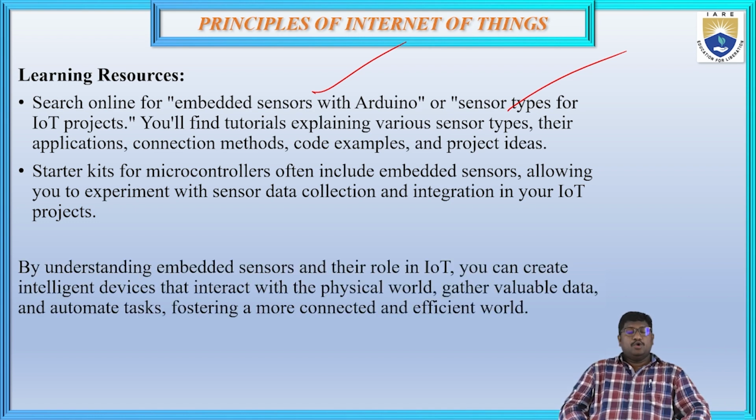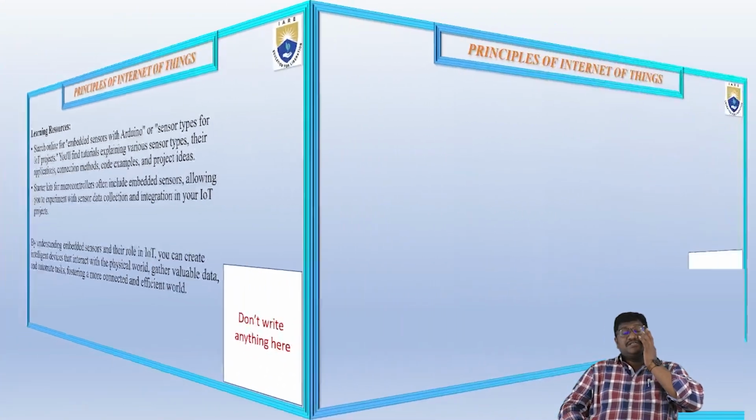If you know these sensors in detail, in your role in the IoT industry you can create n number of intelligent devices which interact with the physical world, gather valuable data and automate tasks, fostering a more connected and efficient world.